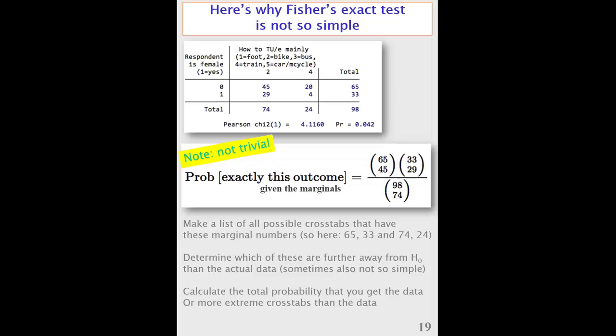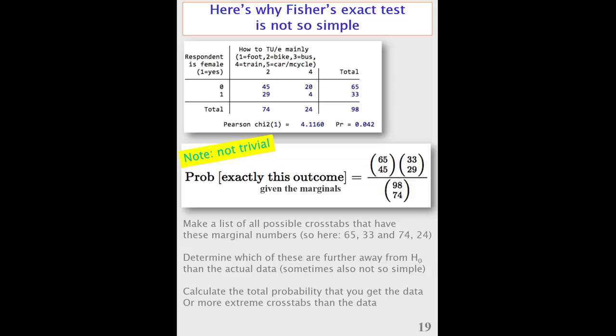The idea would be, well, there are perhaps many ways in which we could have frequency counts in these 4 cells in such a way that they add up to these marginals. And we have to simply check whether or not the one that we have is a weird one in that set of cases that we could have. So one example would be, let's say, erase all these and we start here with a 0.